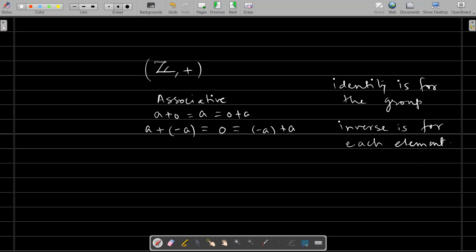So it's not that inverse will be common for all elements, and identity will depend on each element.